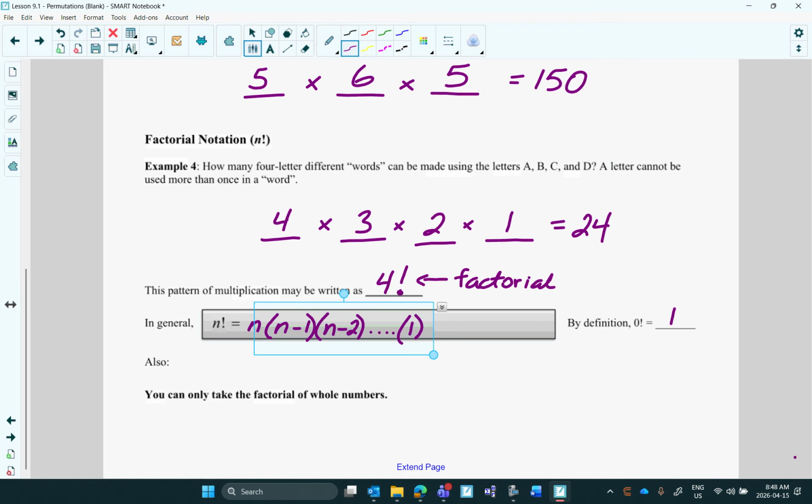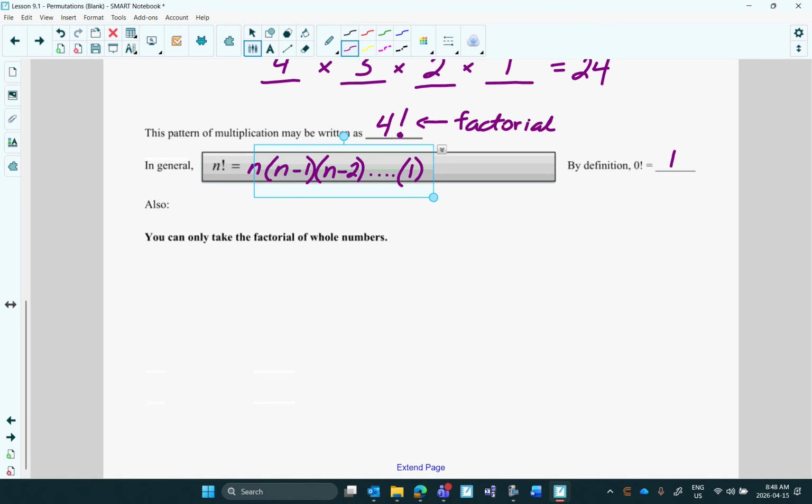Now, we can actually play around with factorials a little bit. Okay? So for example, if I said 9 factorial, yes, that means 9 times 8 times 7 times 6 times 5 all the way down to 1.